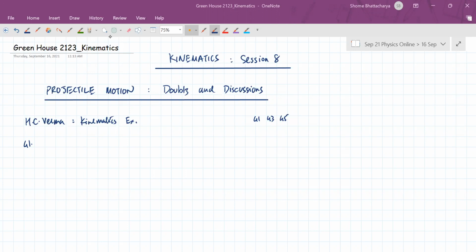Okay, so question 41 says that a boy standing on a long railroad car throws a ball straight upwards. The car is moving with a horizontal acceleration of 1 meter per second square, and the projection velocity of the ball is given to you, with g as 9.8 meters per second square.